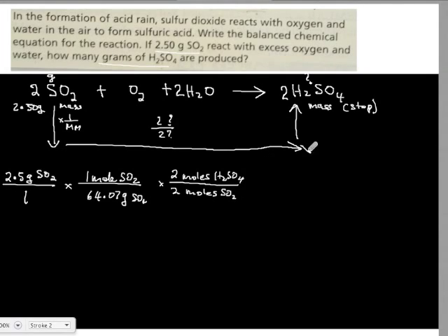That brings me to this point here, but I need to figure out the mass of sulfuric acid. Going up means multiply by molar mass over 1, so I will multiply by the molar mass of sulfuric acid, which is 98.09 grams of sulfuric acid per 1 mole of sulfuric acid.